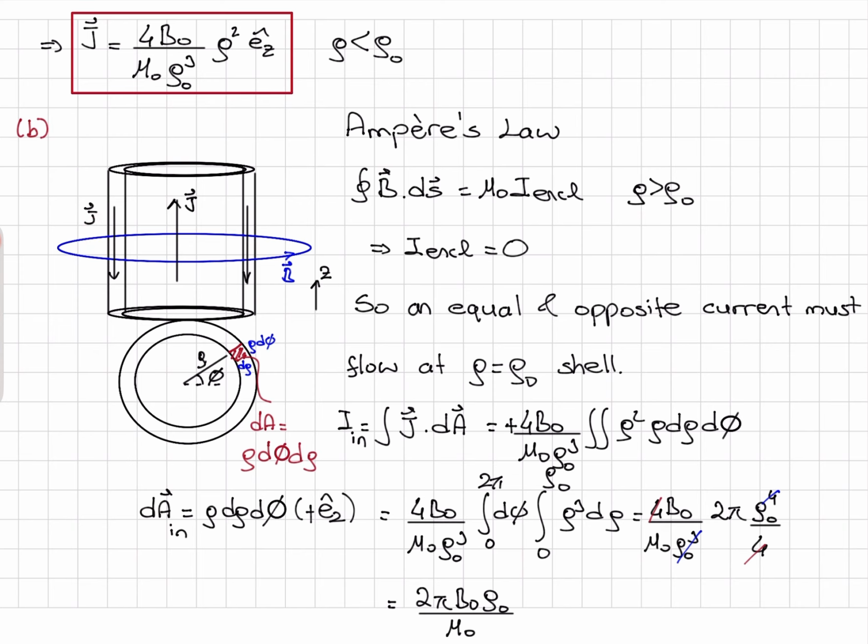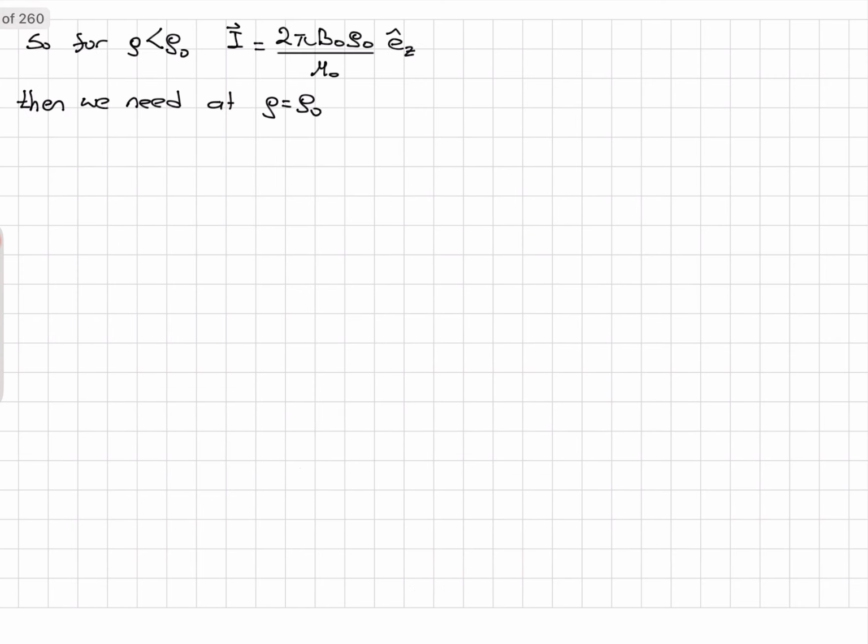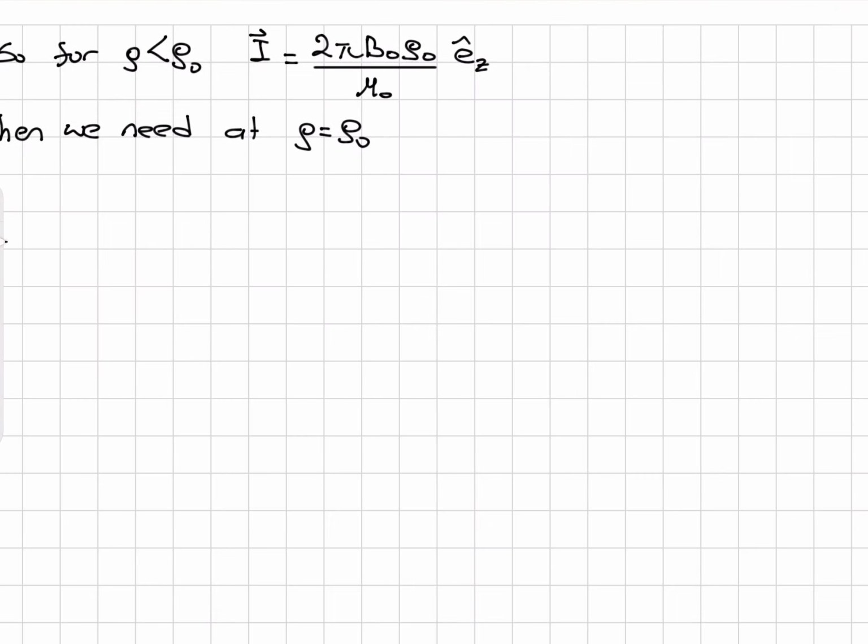For the current that flows outside, I must have total enclosed current equal to 0. Then I need at the shell, rho is equal to rho 0, a current in the opposite direction, equal to minus 2 pi B0 rho 0 over mu 0 EZ hat.